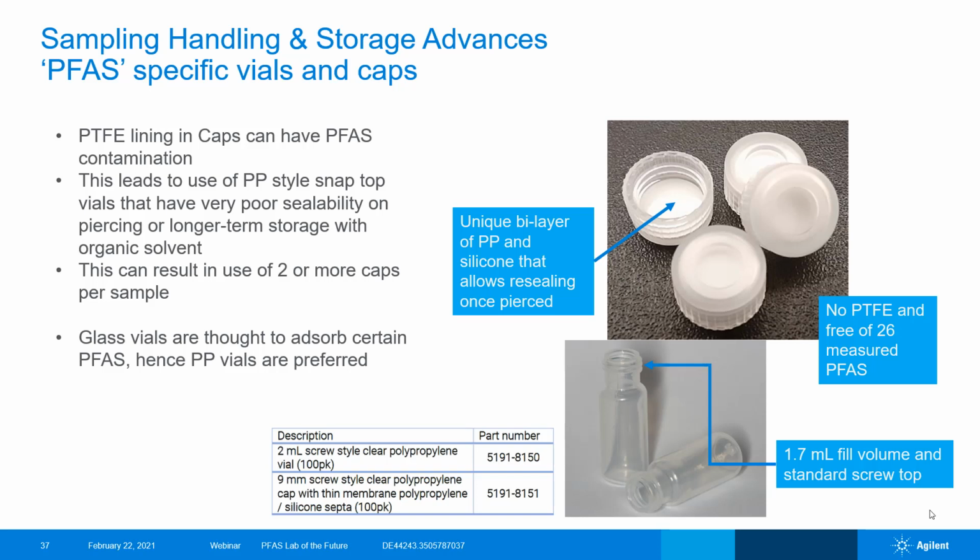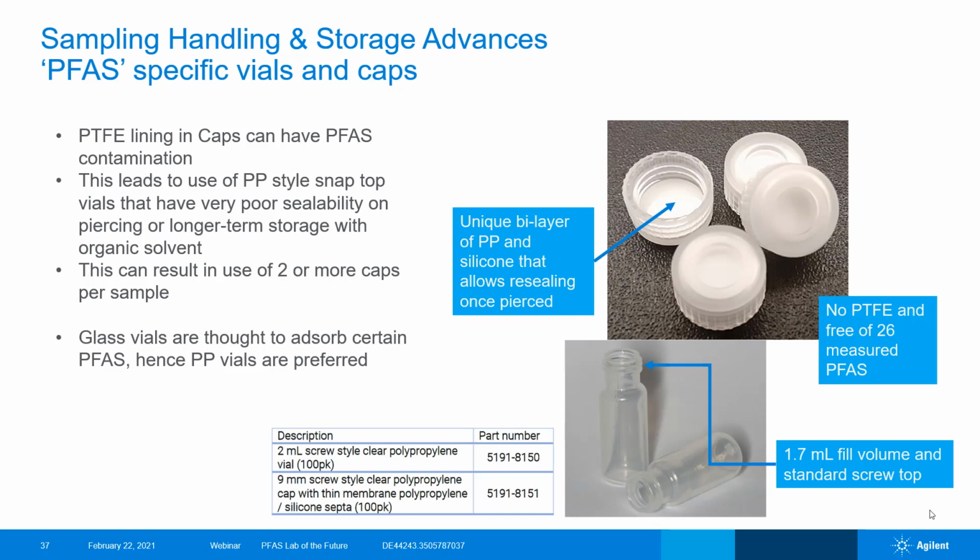Hence, the lab of the future uses specialized vials and caps, and this is a unique bilayer cap made of polypropylene that is available through Agilent now, that also allows potential resealing once it's pierced. What that means is it reduces evaporation of your sample. So instead of the lab using 2 or more caps per sample to analyze and store them, they can now just use a single cap, and that results in savings as well.